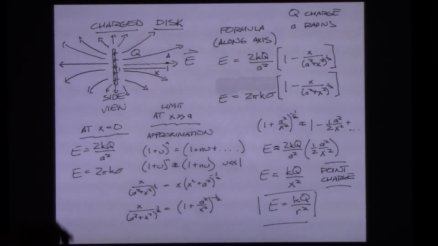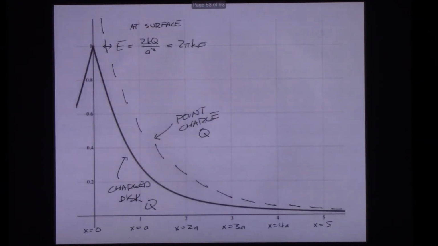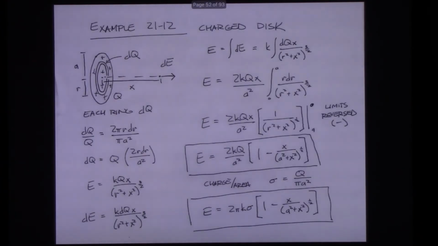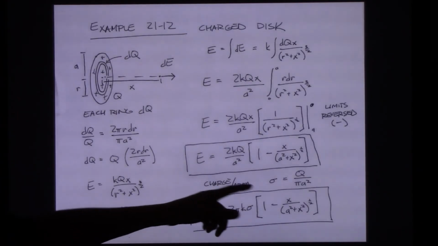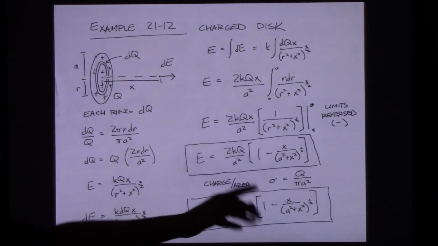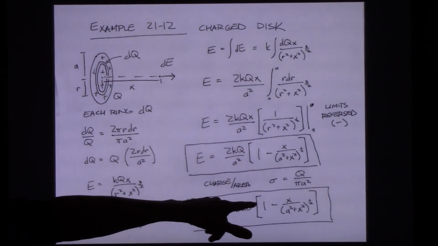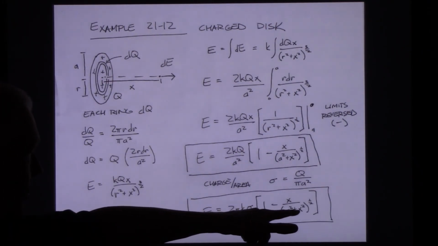So that limit is going to remain finite, and in fact, going back to here, this is what the formula looks like. So I plotted this expression. See the stuff in the brackets? I plotted 1 minus x over the square root of a squared plus x squared.